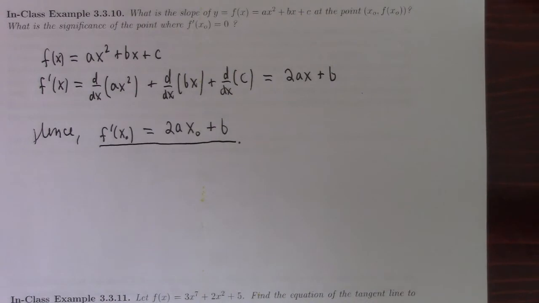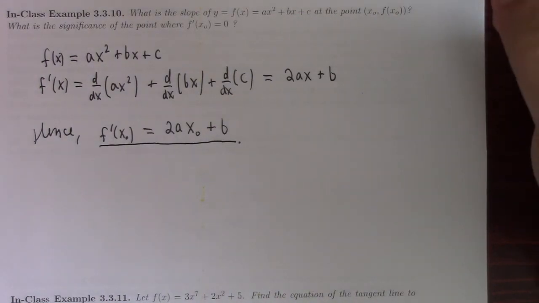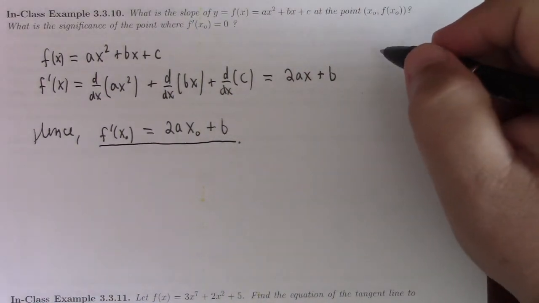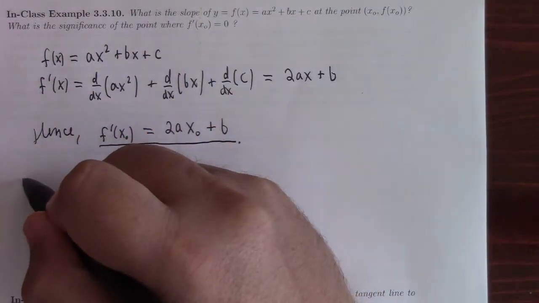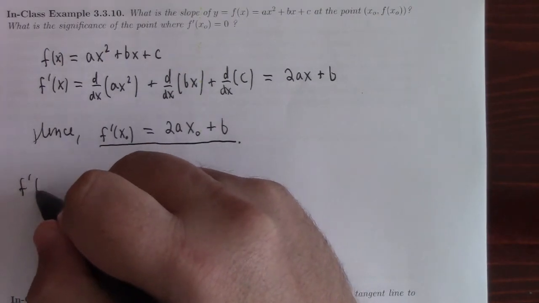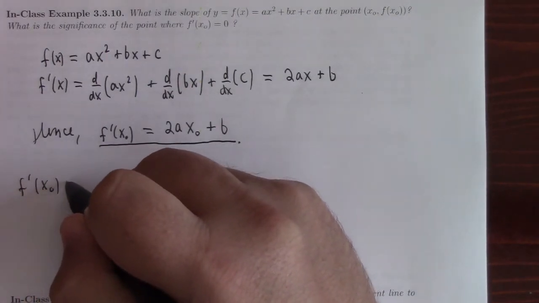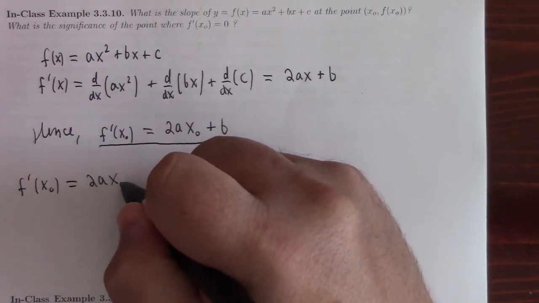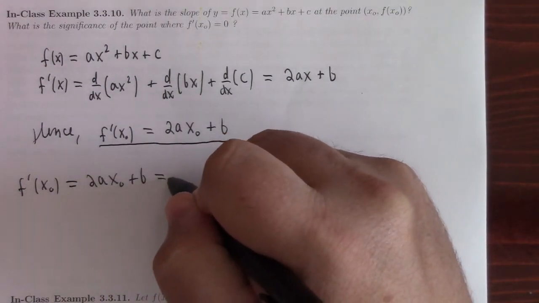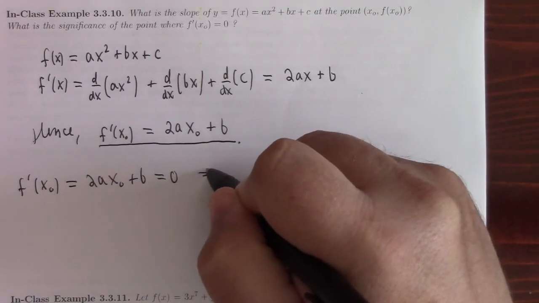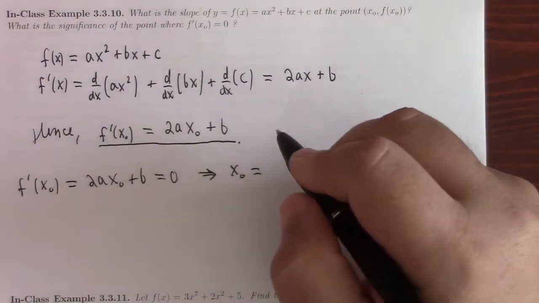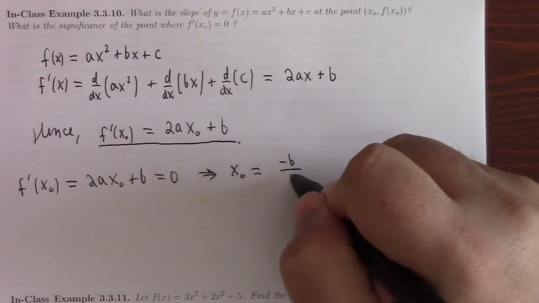Right? And what's the significance of the point where f prime of x naught is 0? So you can think about it. f prime of x naught, 2a x naught plus b equal to 0, tells me that x naught equals minus b over 2a.